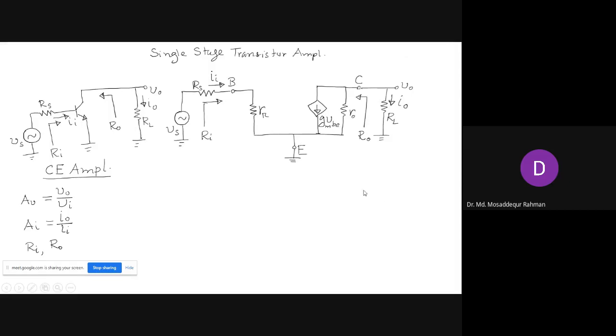Okay, now the most straightforward here are the input and the output resistance. What is the input resistance in this case?